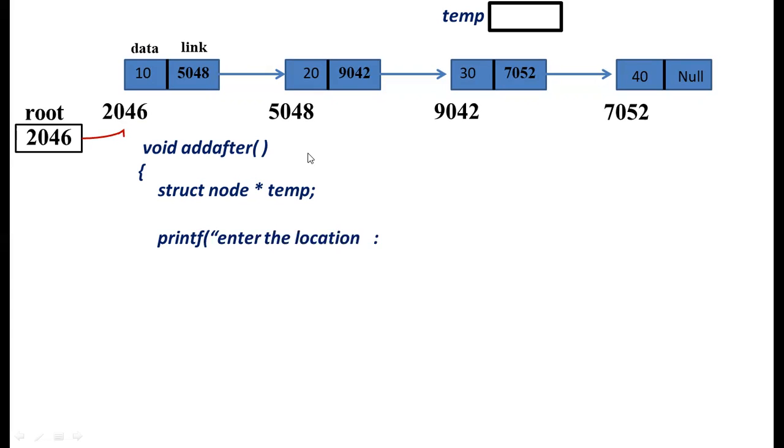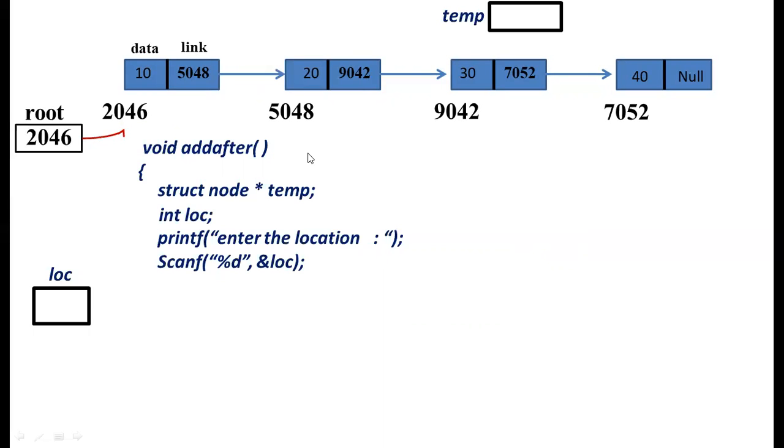Then we are scanning with scanf %d, into the address of one variable. So here we are declaring one more variable LOC, which is of type integer. Once we define int LOC, we are asking the end user for the location where we have to insert the node. That is very, very important.